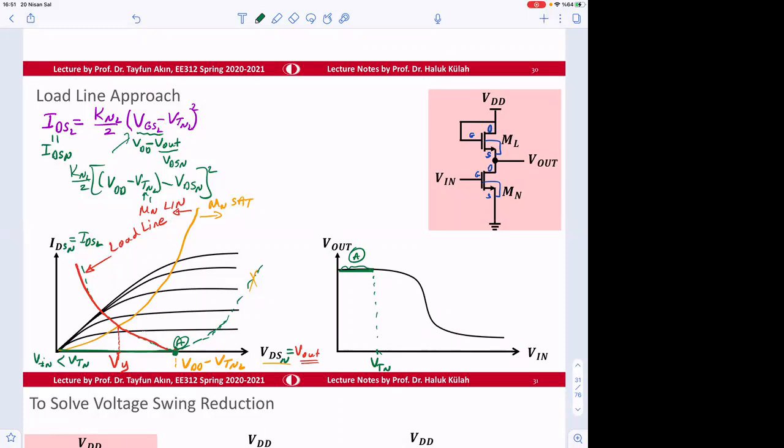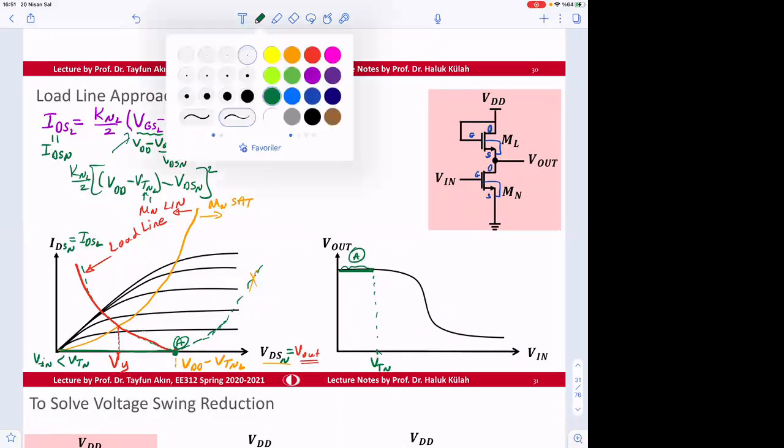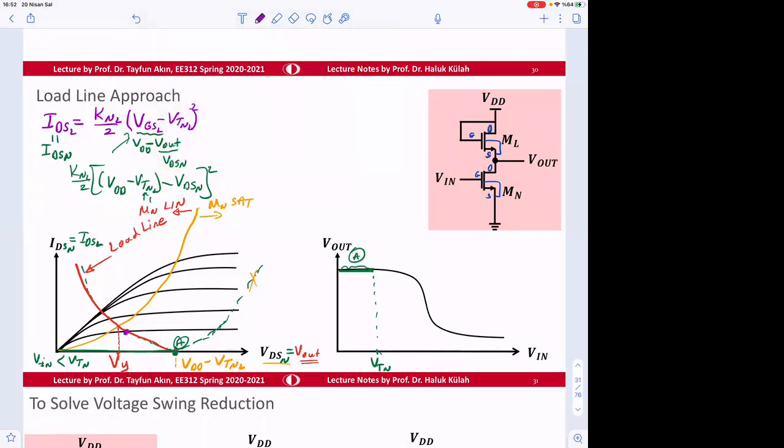Okay. So the second point is this one, cross-section point B. Of course, there are many lines here, but we are ignoring that. We're just looking at the values here. So B is somewhere around here.